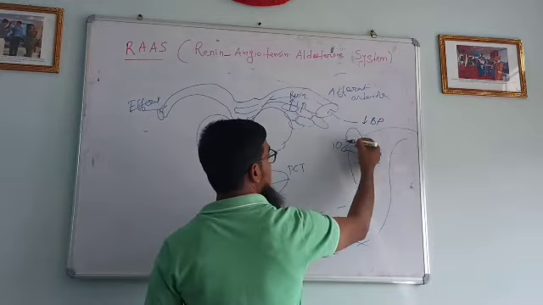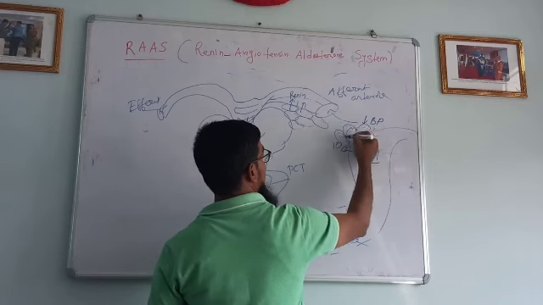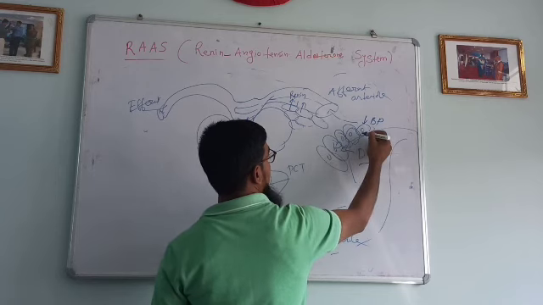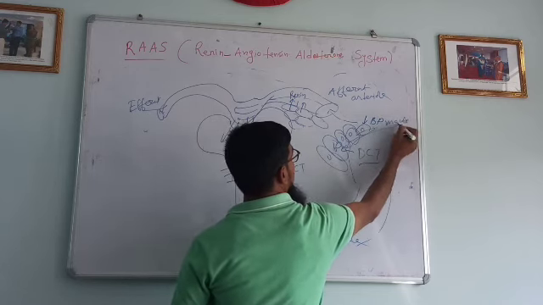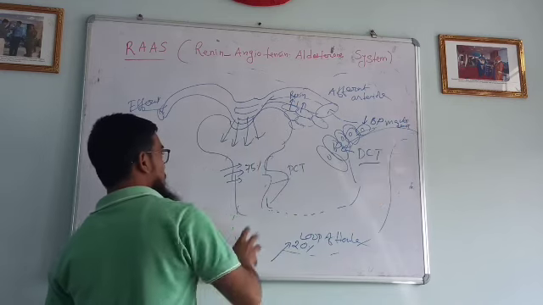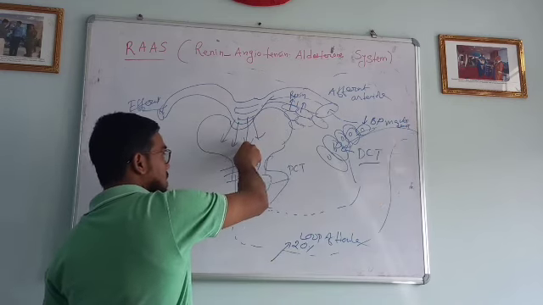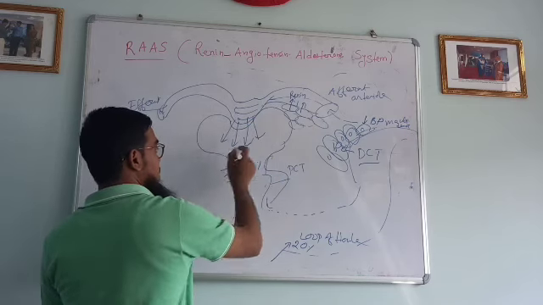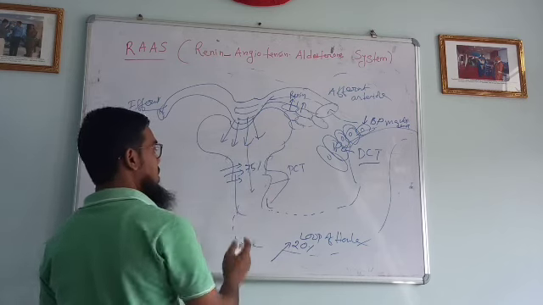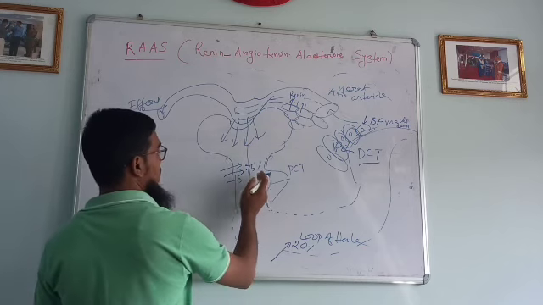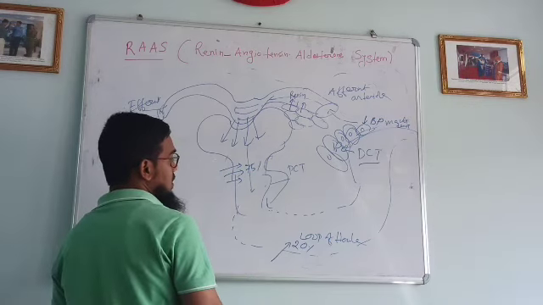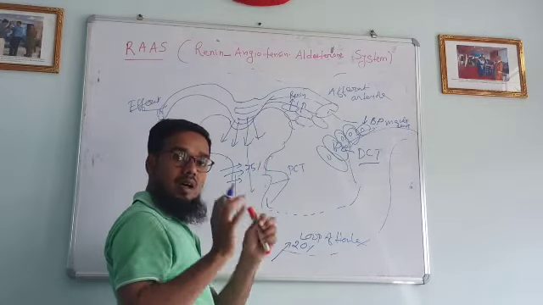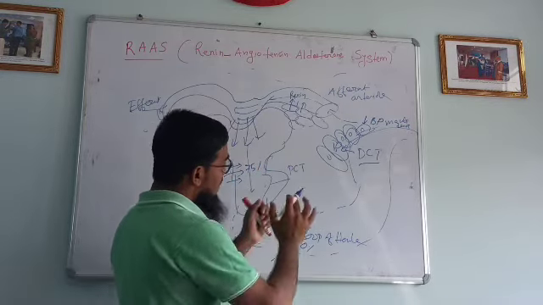In the distal convoluted tubule there are also some cells present which are called macula densa. When there is less blood circulation, then less filtration takes place, and the filtrate moves slowly. Then most of the sodium ions are absorbed in the proximal convoluted tubule, and in the distal convoluted tubule the concentration of sodium ions remains low.